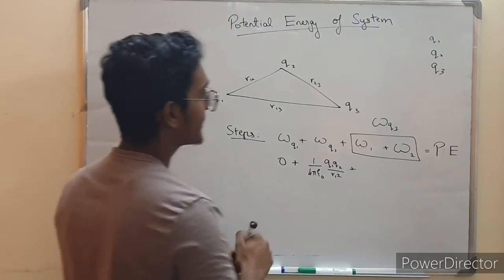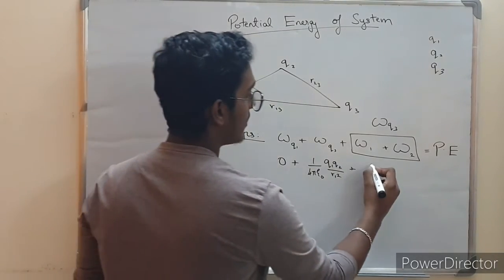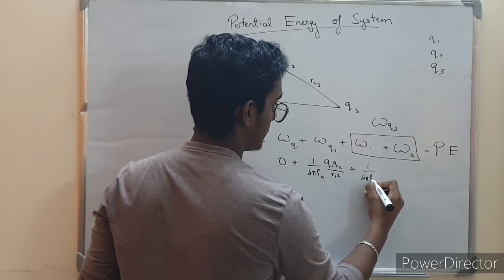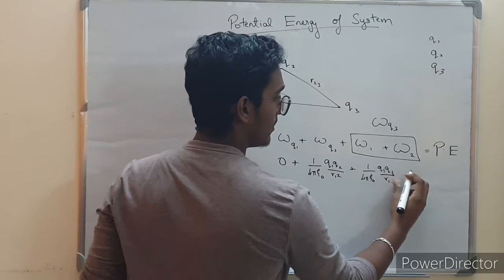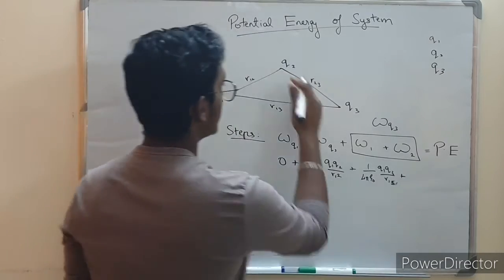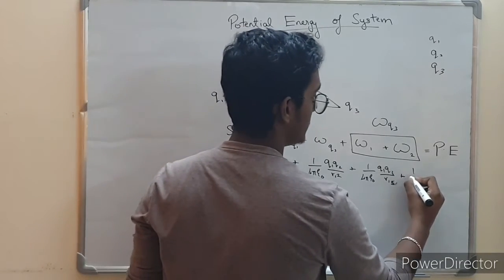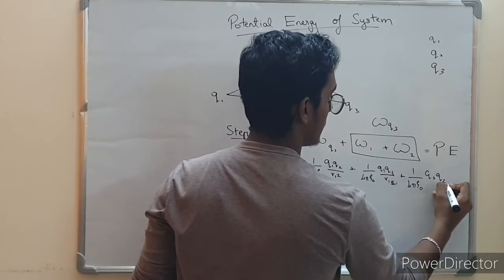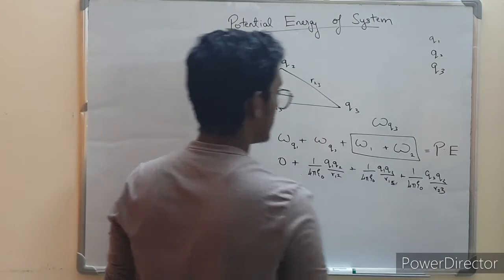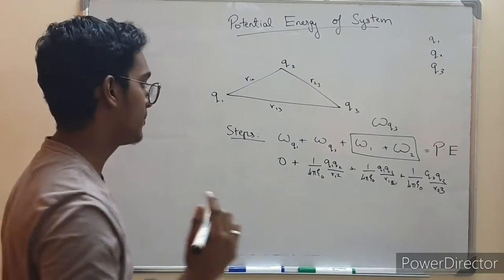So how is that going to be? What is potential due to Q1? 1 by 4 pi epsilon naught Q1 Q3 by R13 plus the potential due to the second charge, which is already present, which is 1 by 4 pi epsilon naught Q2 Q3 by R23. The sum of all these is the total potential energy.